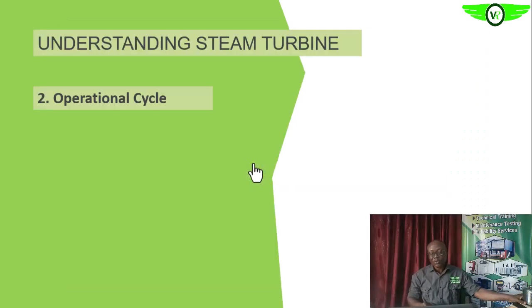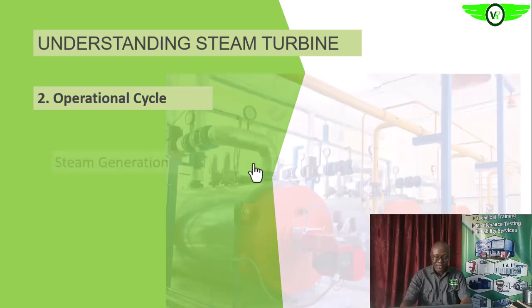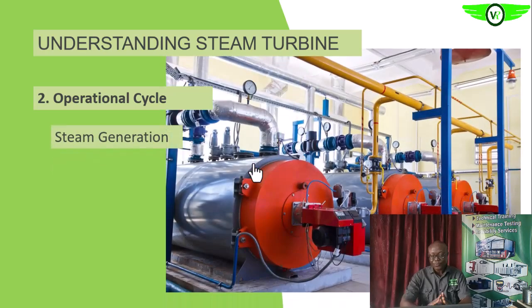So next, we want to look at the operating cycle, though we have actually discussed it, from the intake to the exhaust. Are we getting it? But let us just look at it briefly again. So remember, we need steam, and usually the steam is generated at the boiler house, which is the beginning or the starting point of your steam system.